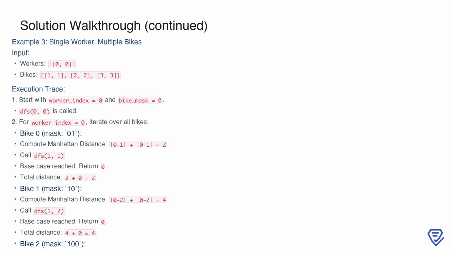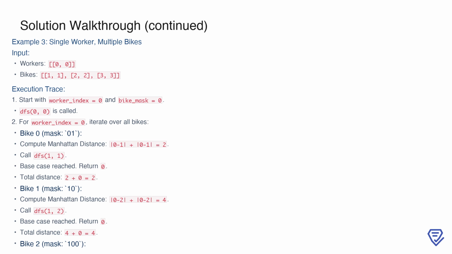In the next example, we consider a single worker located at 0, 0, and 3 bikes located at 1, 1, 2, 2, and 3, 3. Starting with worker_index 0 and bike_mask 0, we iterate over the bikes. Assigning bike 0 to the worker gives a Manhattan distance of 0-1 plus 0-1 equals 2.